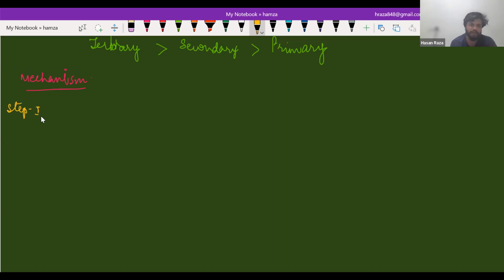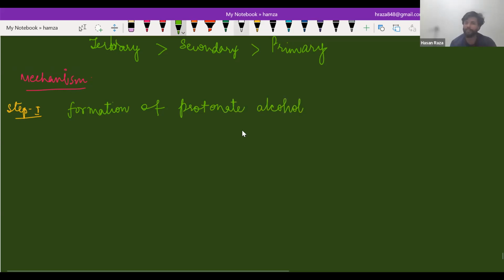In step 1, there will be formation of protonated alcohol. In order to make a protonated alcohol, what you need to do is very simple. You just need to react that alcohol with acid, H plus.